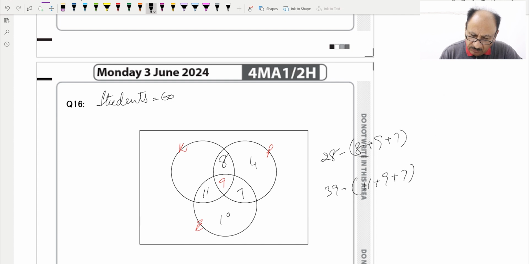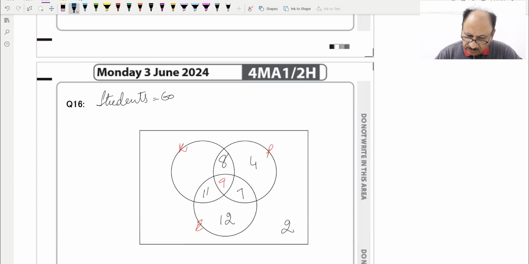So 12 will be this section. We are done with this. Now they are saying 2 choose none of the workshops, so 2 is outside, and we need to check that the total is 60.